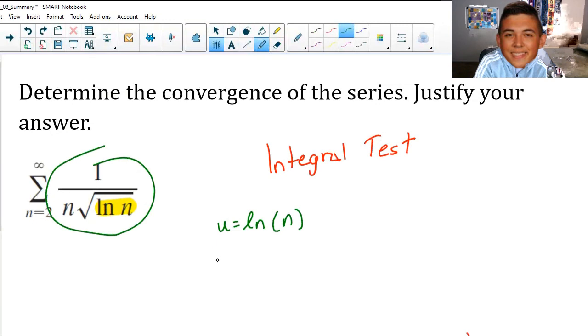So u equals natural log of n, so du equals 1 over n. That would take care of that 1 over n on the outside of the square root. So I think this would be a good thing to integrate using just a u substitution. So yeah, I would feel comfortable saying we would need the integral test here.